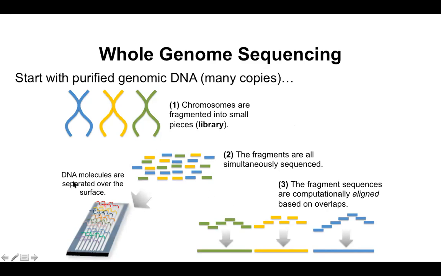Okay, so on the surface, they're sequenced, and then those sequences are aligned based on overlaps. So what they do is they look for regions that have the same, and they're able to say, oh, this piece goes over that piece, and together they get the full strand. So rather than sequencing this whole thing 1, 2, 3, 4, all the way down, they sequence these little chunks all at the same time and then use a computer program to align them.